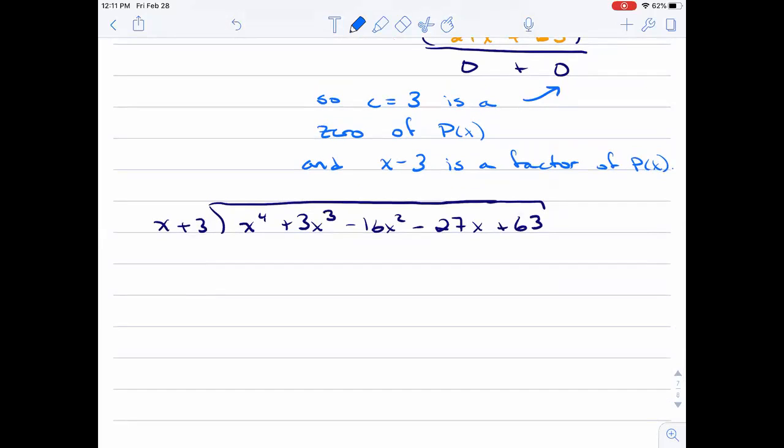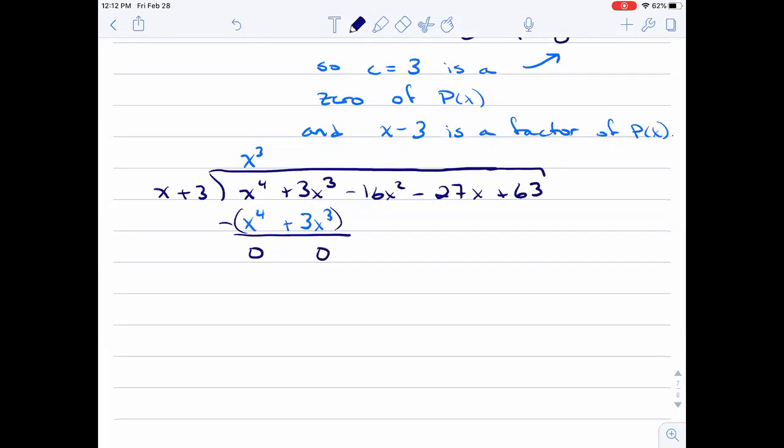X to the fourth divided by x is x to the 3. Plus 0x to the 3.